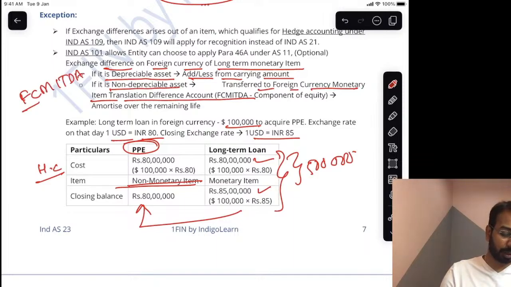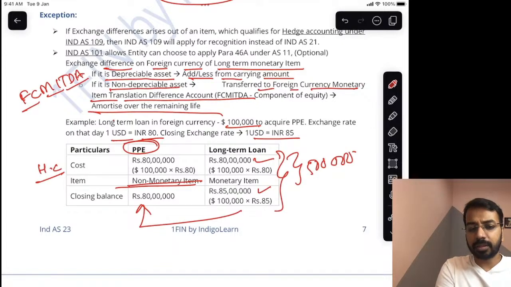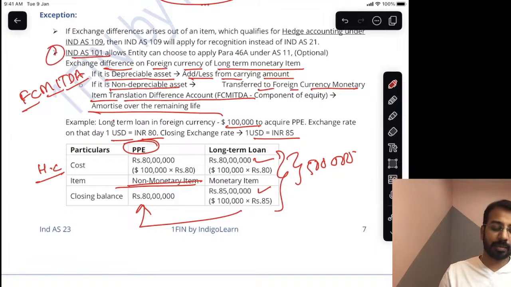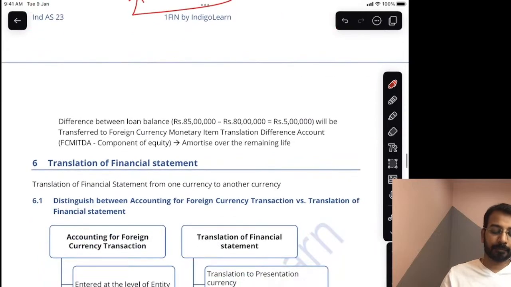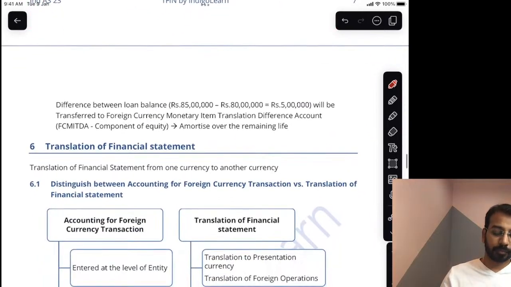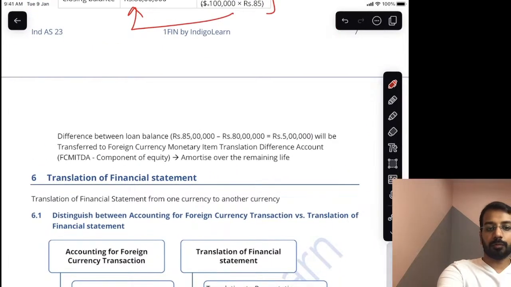How to remember this? Foreign currency monetary item translation difference account, and amortize it over the remaining life of the liability. Okay, so this is an optional exception where Ind AS 101 allows an entity to continue to apply paragraph 46A. Any questions so far?